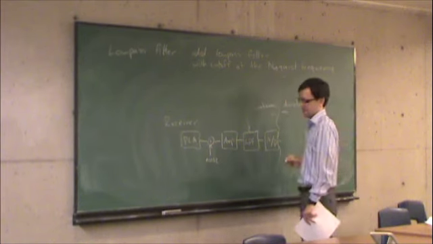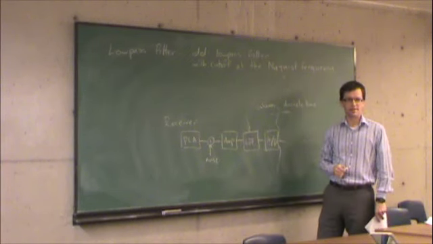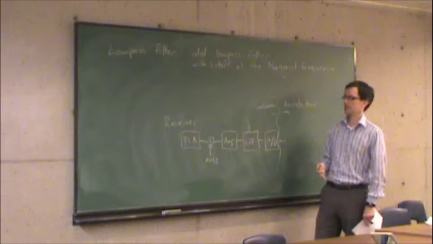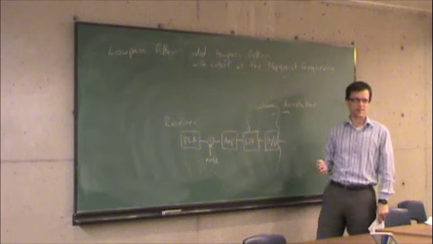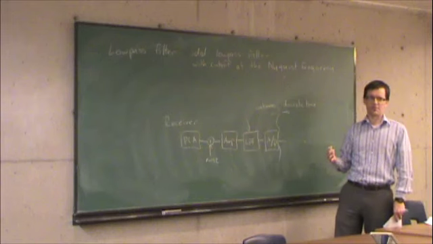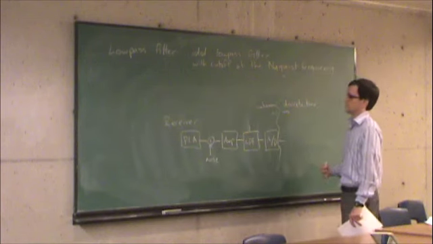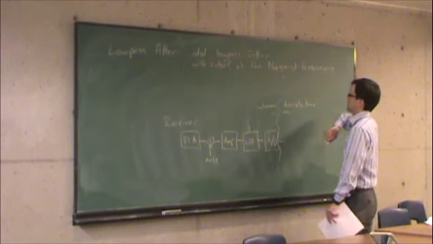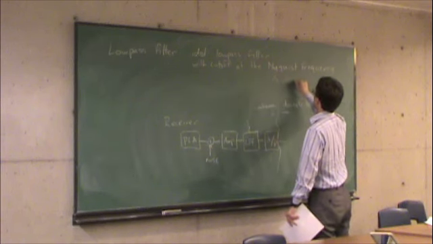The Nyquist frequency, you should remember from signals and systems, is the highest frequency that can be properly represented by sampling. And what is that with respect to the sampling frequency? The sampling frequency is twice the highest frequency, twice the Nyquist frequency. So the Nyquist frequency is half the sampling frequency.